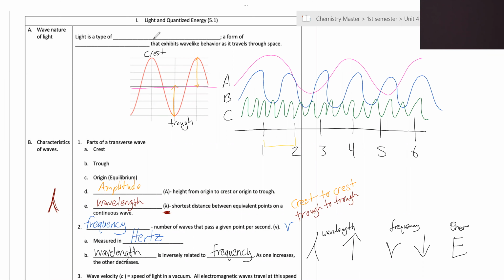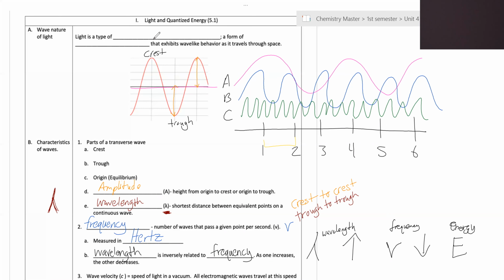All right. So what would you say here? Would it be up or down? If wavelength increases, frequency decreases, what do you think energy would do? Okay. Is it the same as frequency or is it the same as wavelength?